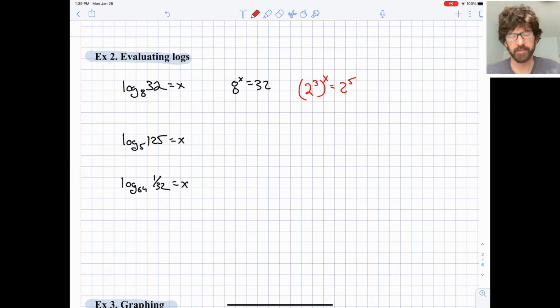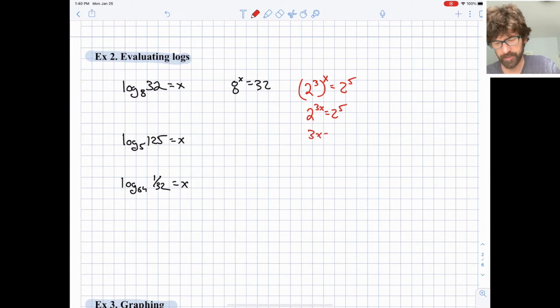Then following our exponential properties, we have 2 to the 3x equals 2 to the 5th. Once we have common bases, we can say that 3x is equal to 5, so x is equal to 5/3. So log base 8 of 32 is equal to 5/3.